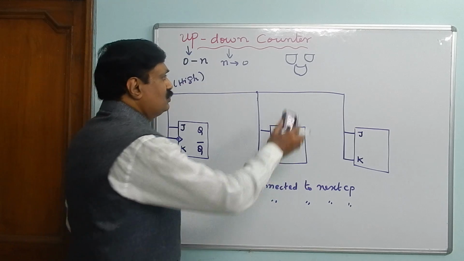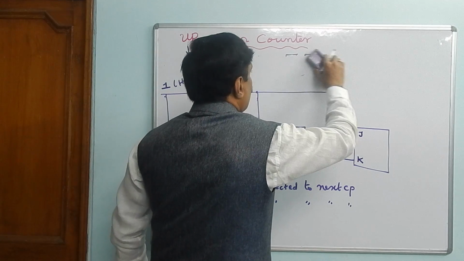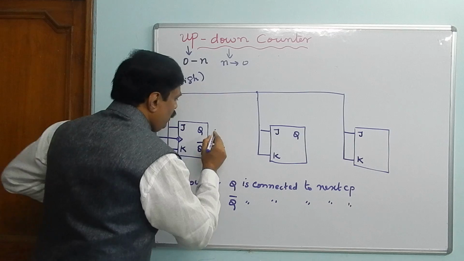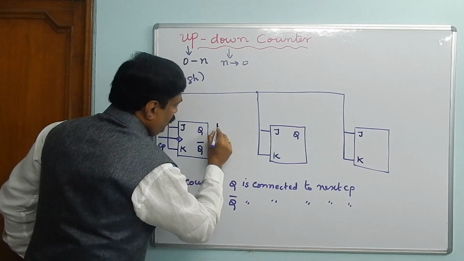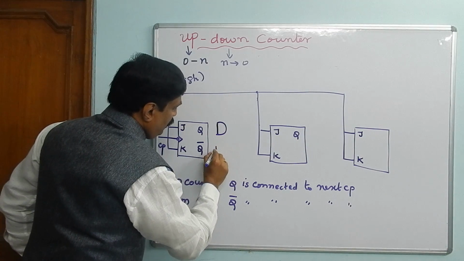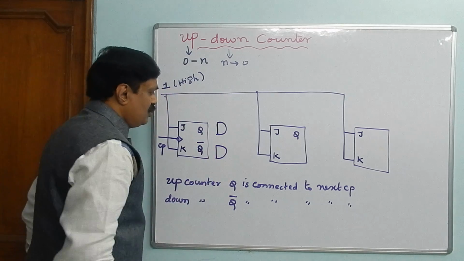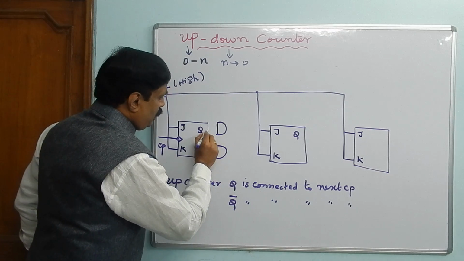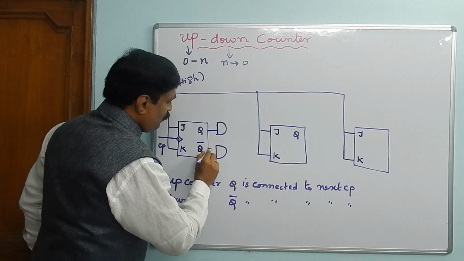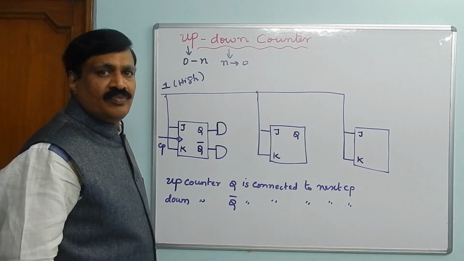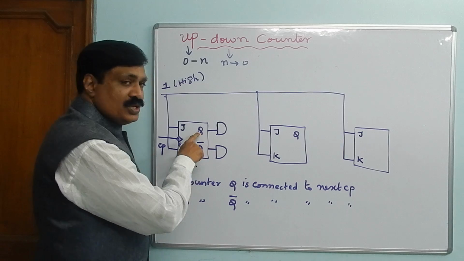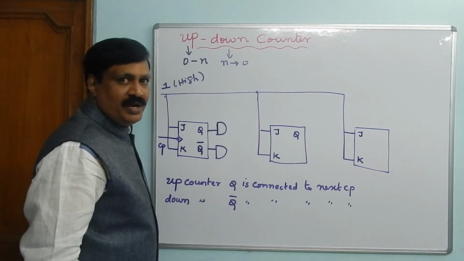Now, how to use this? Connect one AND gate here, and another AND gate here. This Q is connected here and Q bar is connected here. For upward counting Q is required, for downward counting Q bar is required.